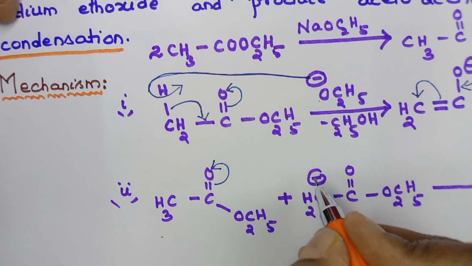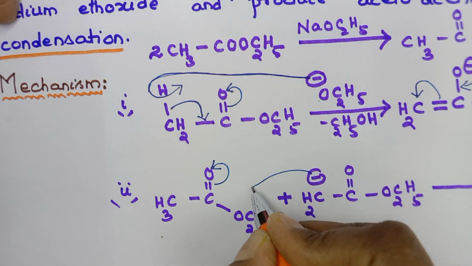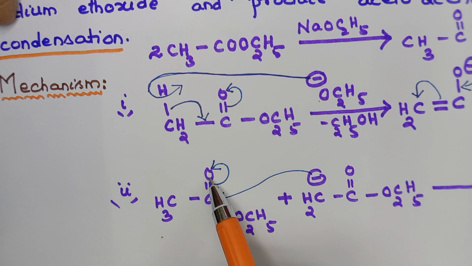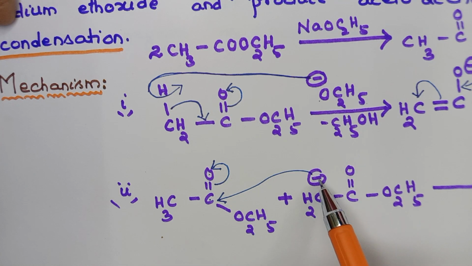So I am drawing directly the arrow from here to here. Okay. So C double bond O, this bond is shifted to oxygen. O becomes O minus, C becomes C plus, and hence now this negatively charged carbon attacks this positively charged carbon. That means a bond is being formed between this carbon and this carbon.